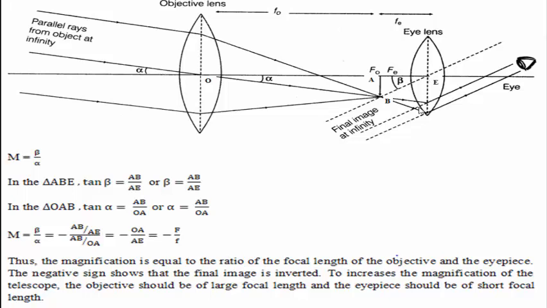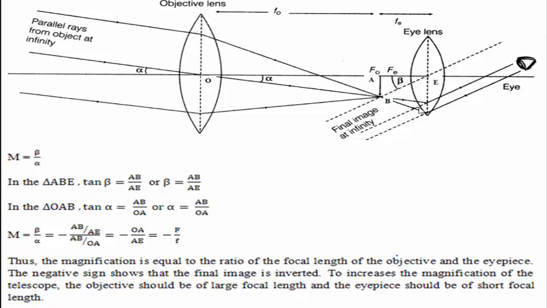Thus, the magnification is equal to the ratio of the focal lengths of the objective and the eyepiece. The negative sign shows that the final image is inverted.